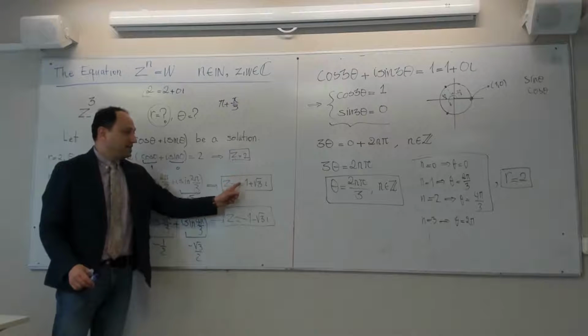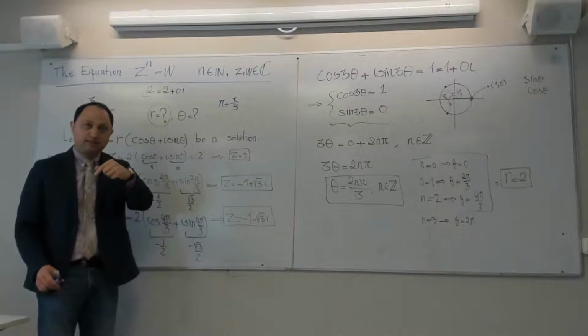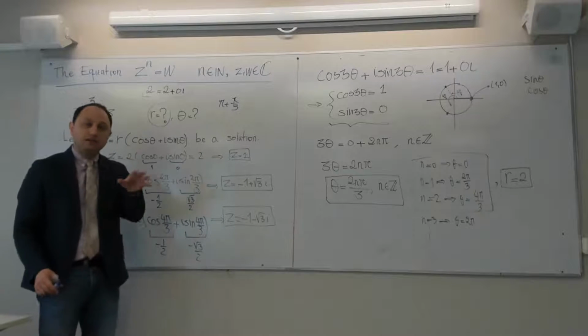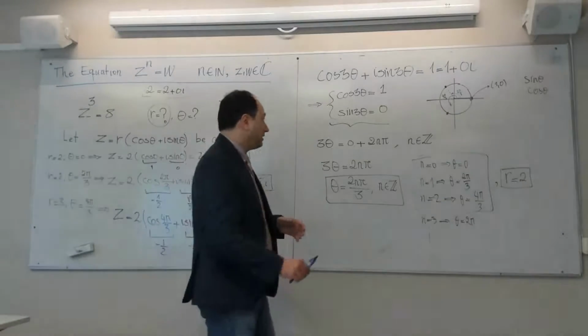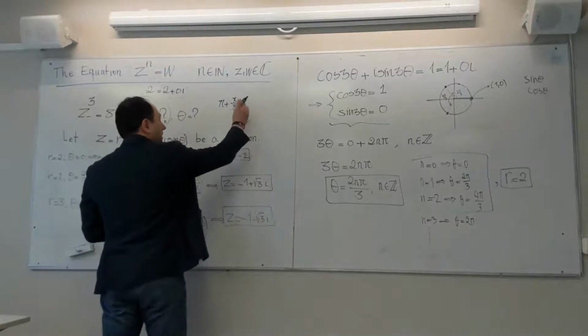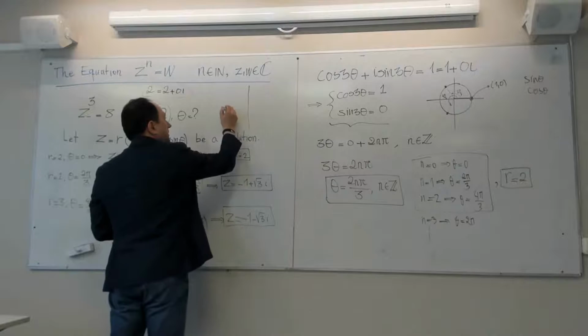So it means that these 3 points all lie on the same circle, centered at the origin, whose distance from the center, whose radius is actually equal to 2. So it is also good to understand it from geometrical picture. If I ask you to draw this on the complex plane, so you can just do something like this.